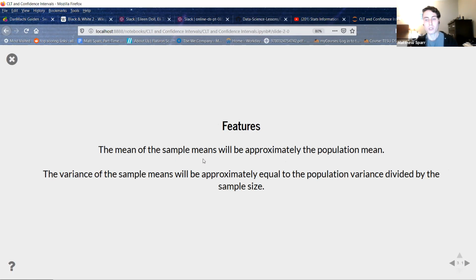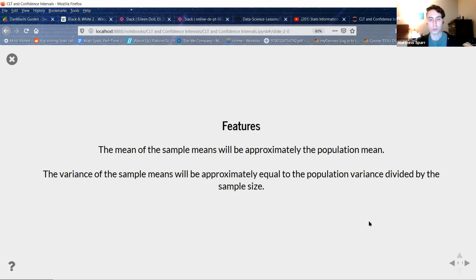So if we take a bunch of samples, calculate all their means, and then take the mean of those means, that will almost always be almost the same as the population's mean. Similarly, the variance of those sample means will be approximately equal to the population's variance divided by the sample size.